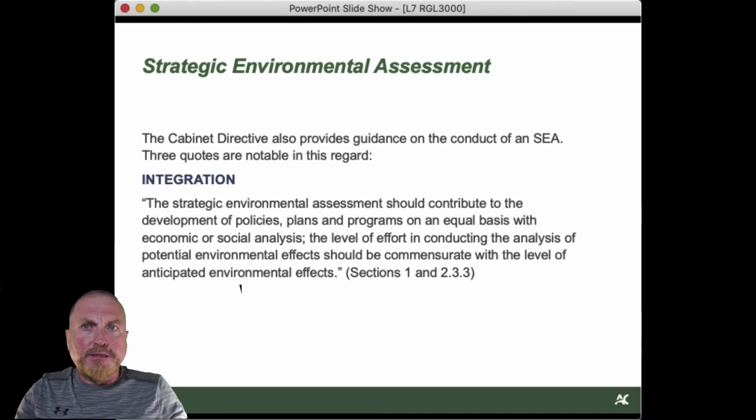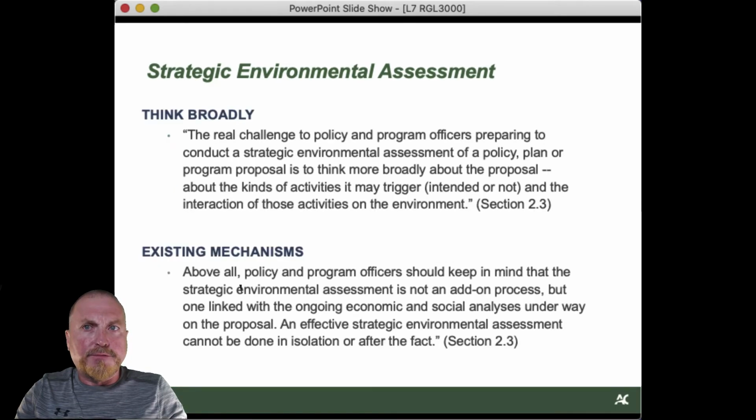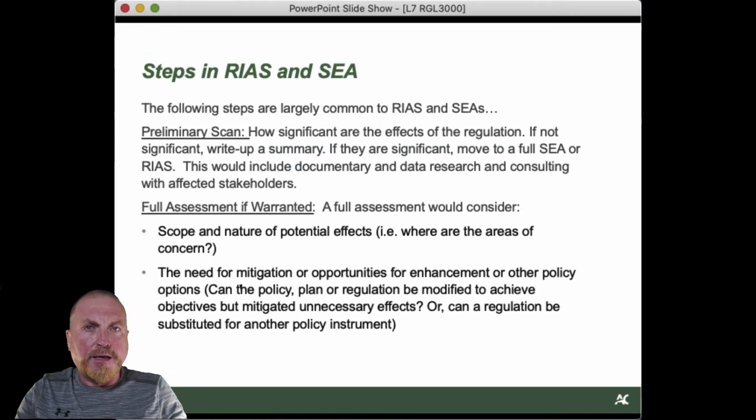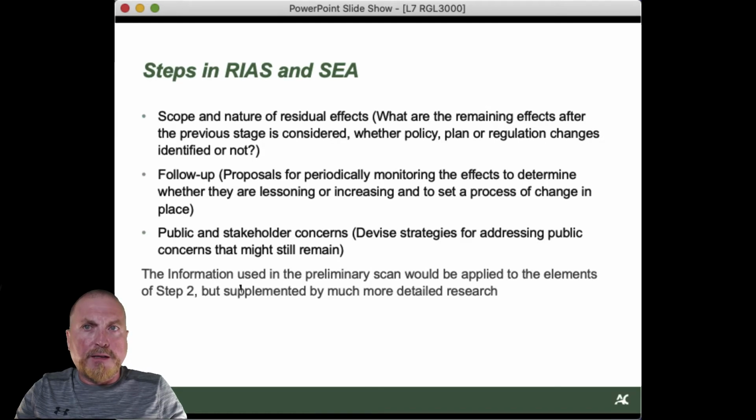So then I have slides here that talk about other features of the way to think about SEA, but you can see all of those within the cabinet directive. So make sure you do look at that cabinet directive. And then I talk about in these slides the preliminary scan, the full assessment if warranted, and just keep that in mind.